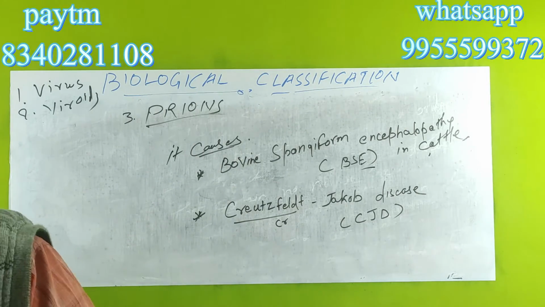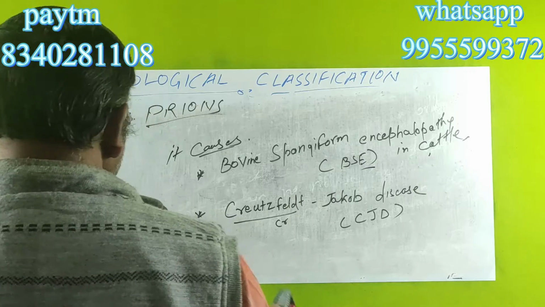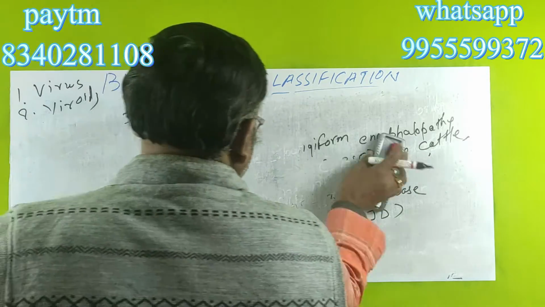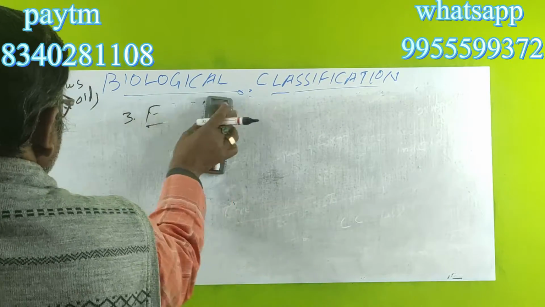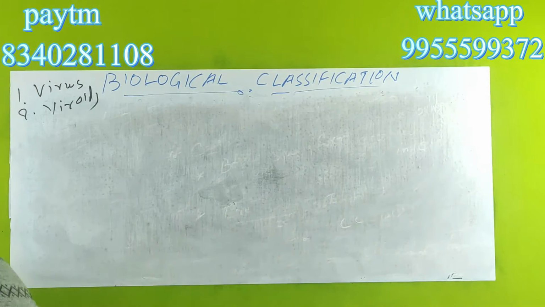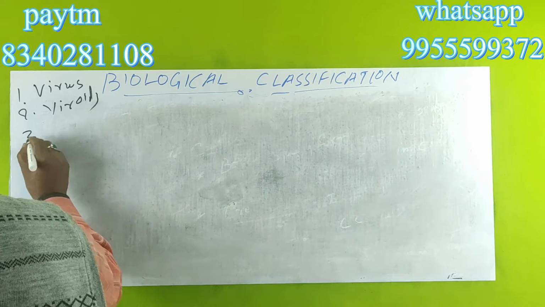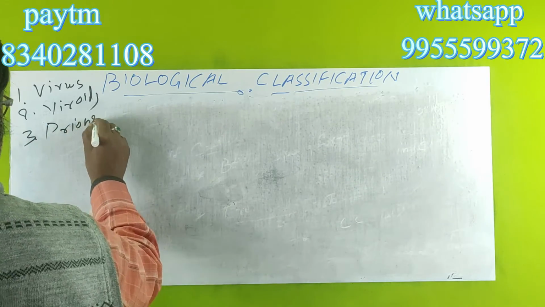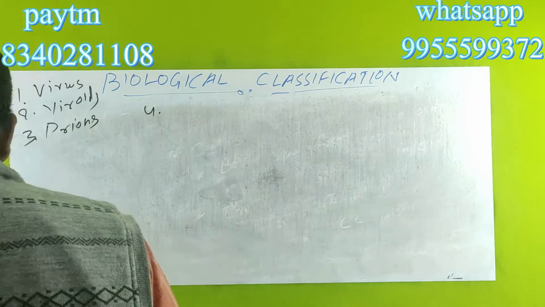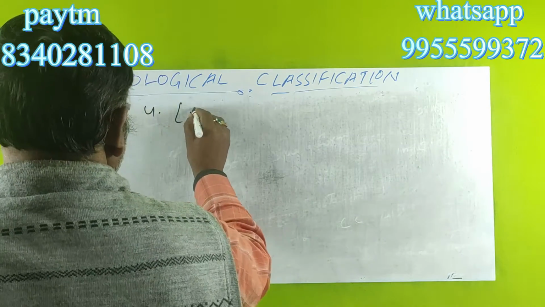Now we are moving to the fourth part, that is lichens. Third, which we have discussed, is prions. Now fourth is lichens.